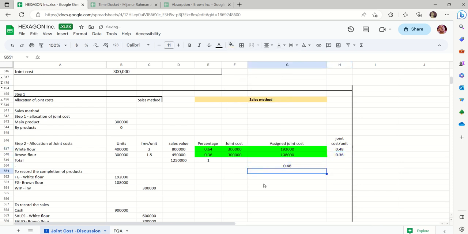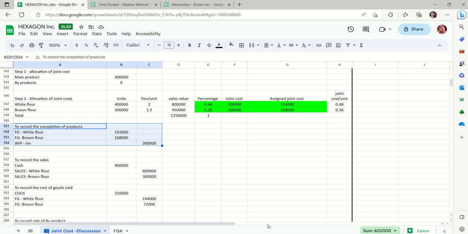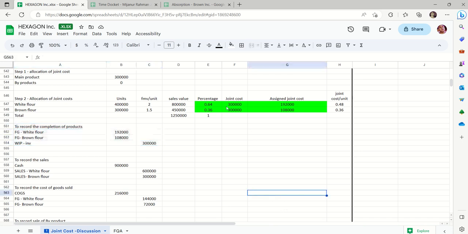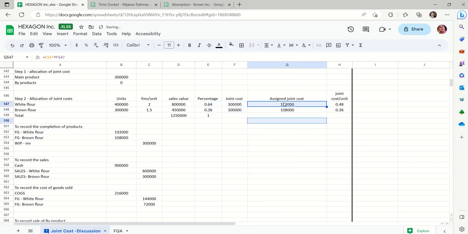Okay, now it's time to recognize the finished goods inventory. For the finished goods inventory, we debit white flour by the 192,000. I'm going to show that to you in a second. Right there, where you got this highlighted in count.